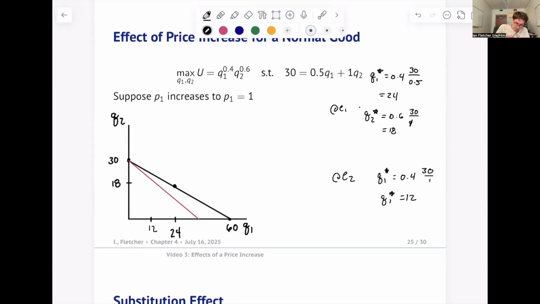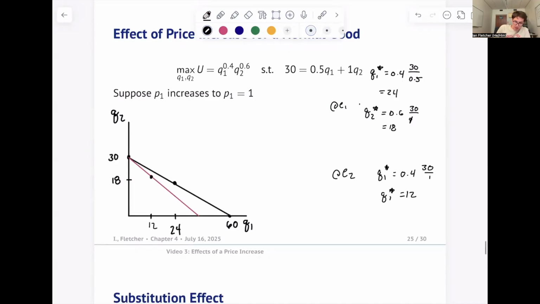And so we've got something like that. This change here is 12. So this total effect of an increase in P1 is minus 12.